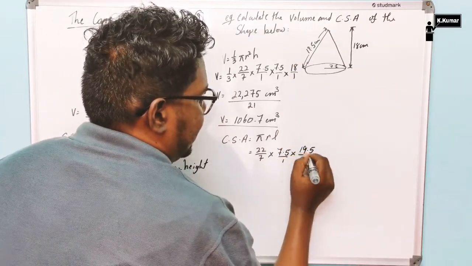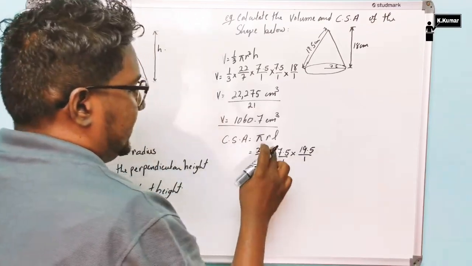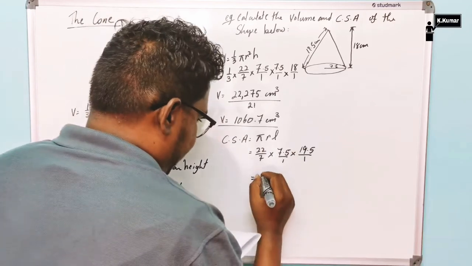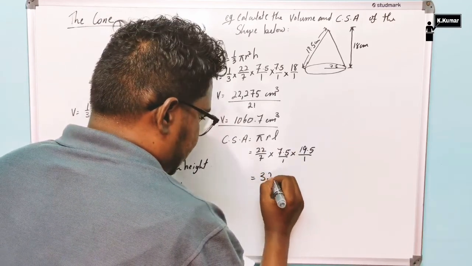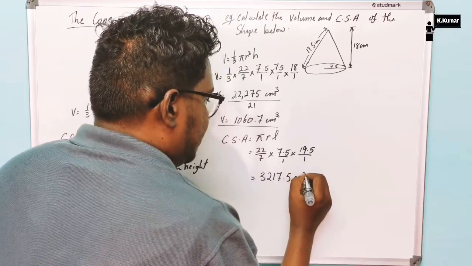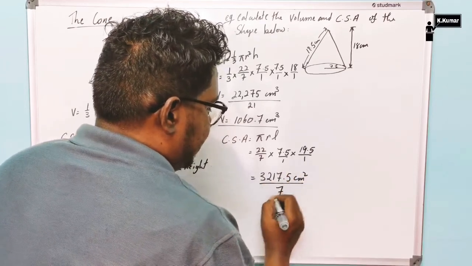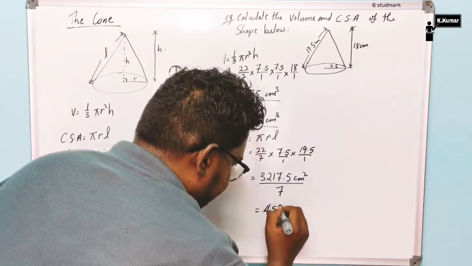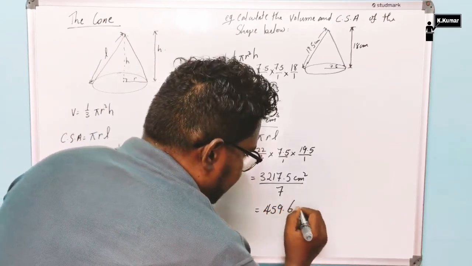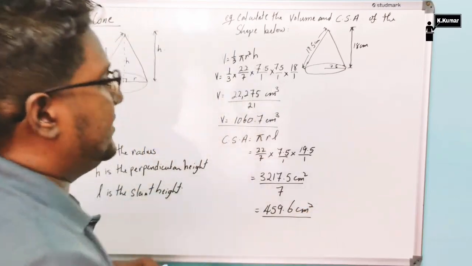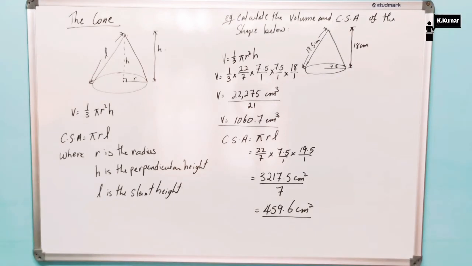We put this over 1, put this over 1. 22 times 7.5 times 19.5 is going to give me 3,217.5 cm squared, divided by 7, and that's going to give me 459.6 cm squared. And this is the curved surface area of the cone.